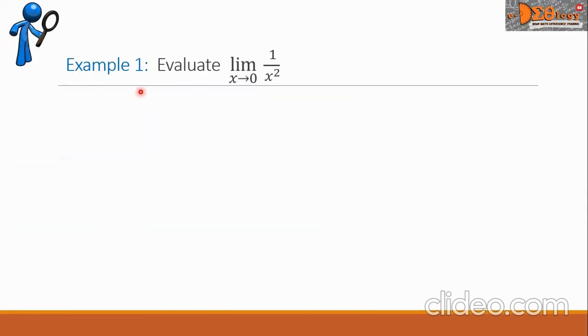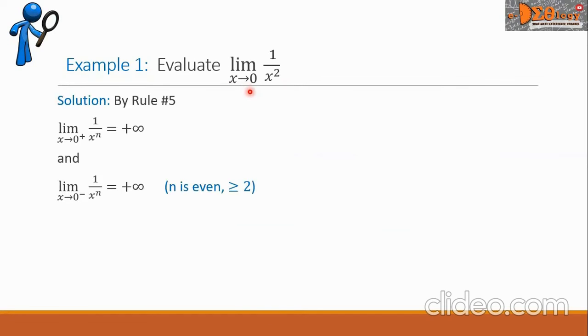Let us see this example 1. Evaluate the limit of the function 1 over x squared as x approaches 0. For our solution, let us remember rule number 5.